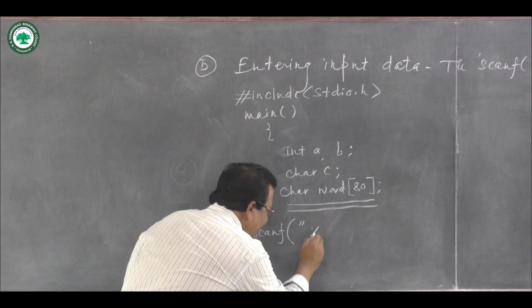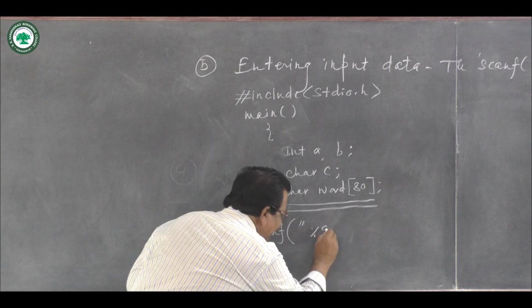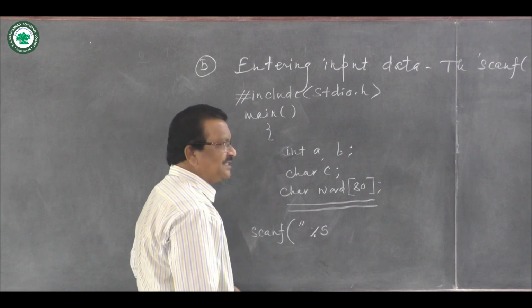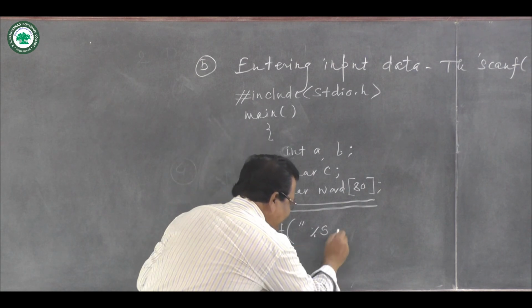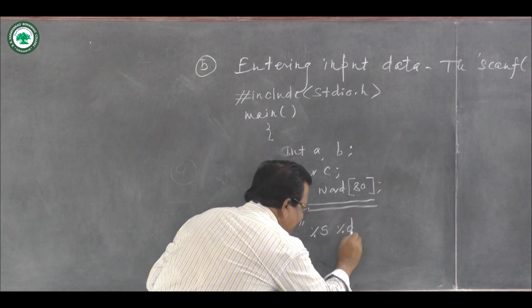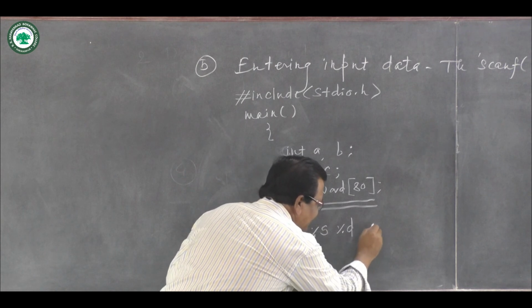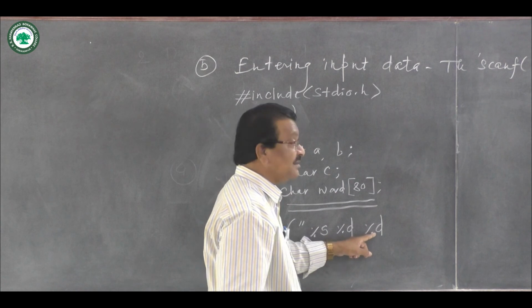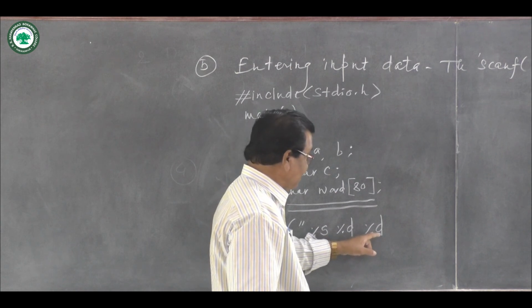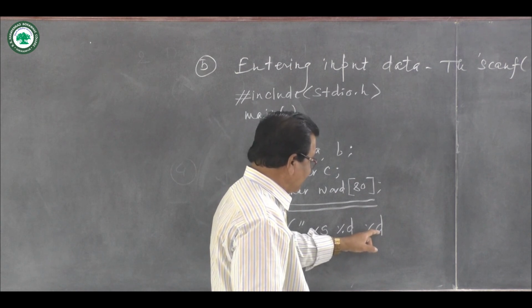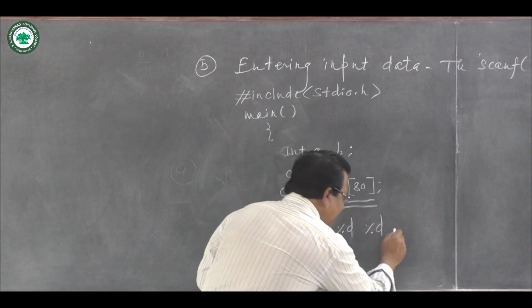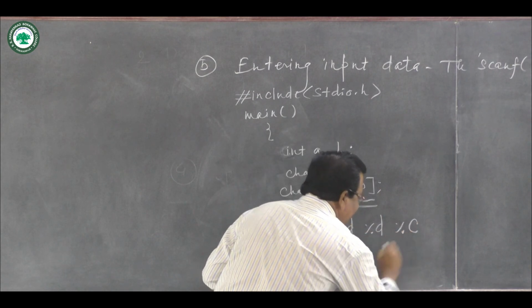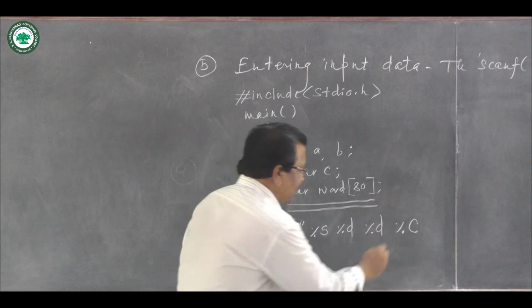First I will write the first character group %s for string data, then a blank space, %d for decimal integer, blank space, %d for decimal integer, and then %c for single character, double quote complete.